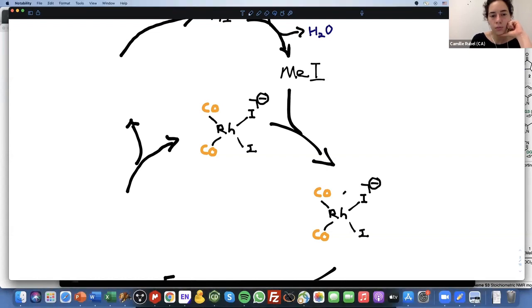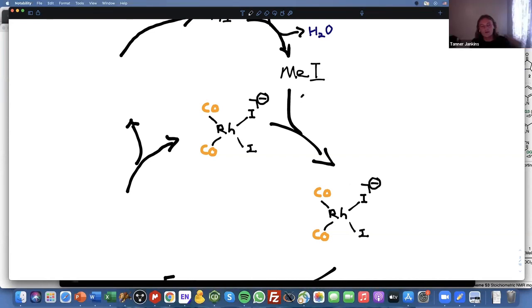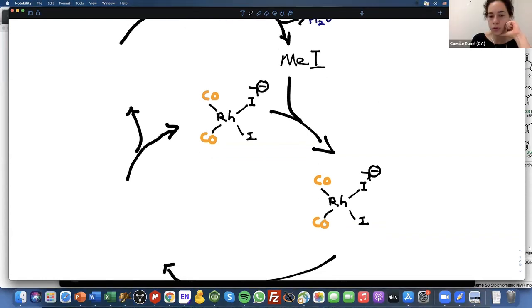Does the CO insert into the methyl right away? Not quite. So first we have a rhodium-1 species here, and we have an anionic rhodium-1 species here, and we have a pretty good electrophile. So what else could happen in this case? You just form a rhodium methyl bond. Perfect.